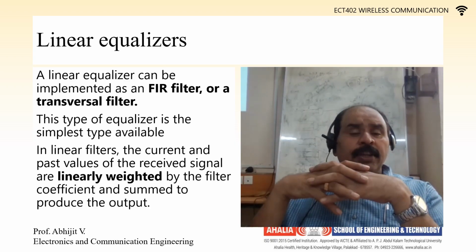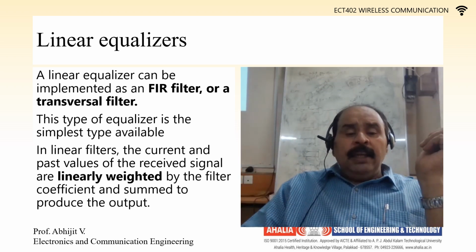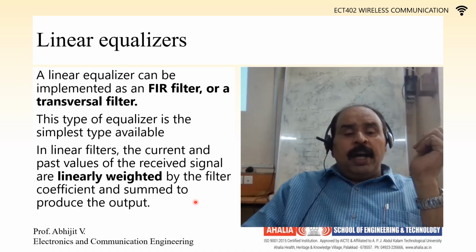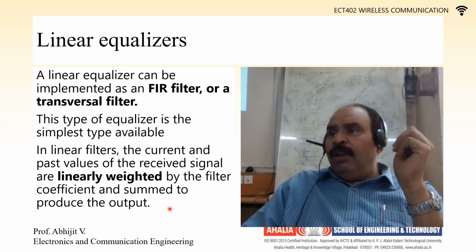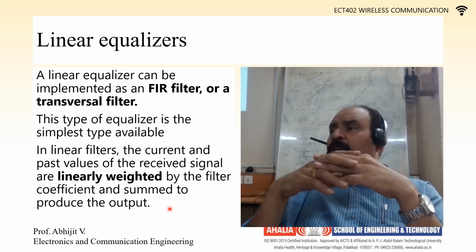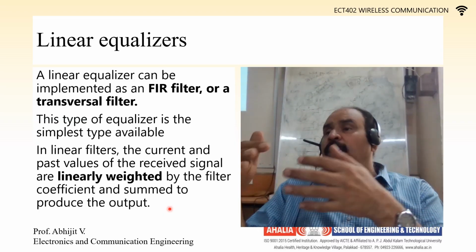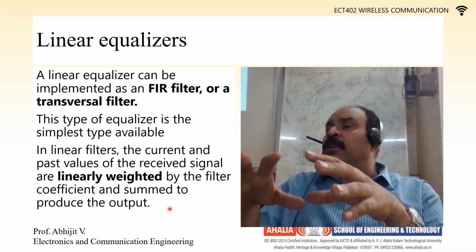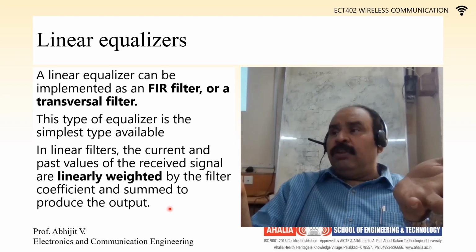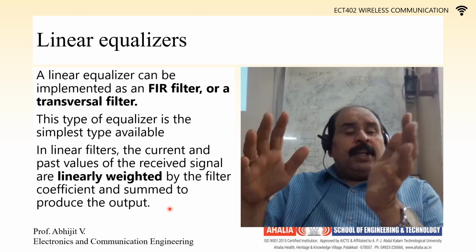In linear filters, the current and the past values of the received signal are linearly weighted by the filter coefficients and summed to produce the output. So what happens is that it is linearly weighted. That means there is a big disadvantage coming up: even the noise is being enhanced, right? So there is a disadvantage of a linear filter.